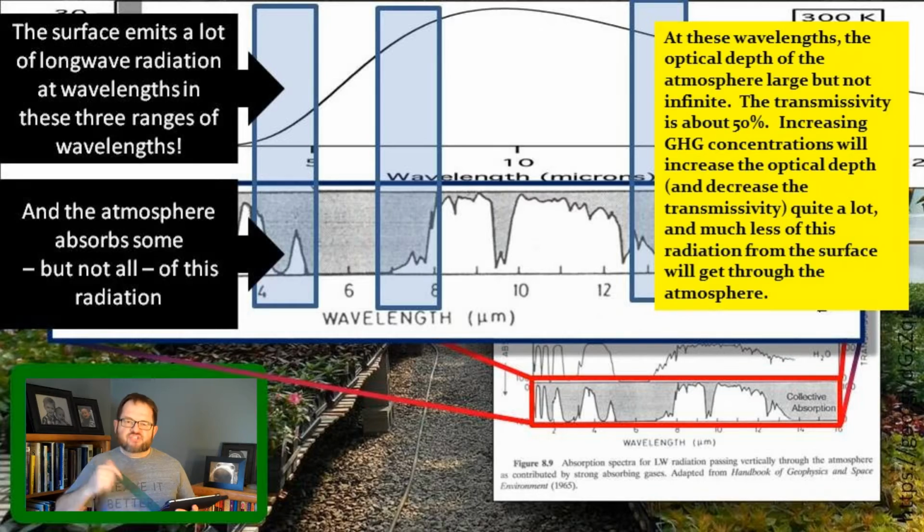Well, increasing the concentration of greenhouse gases in the Earth's atmosphere will then continue to increase the optical depth of those layers. Less and less of that radiation will get through. These are the bands we need to worry about. These are the parts of the electromagnetic spectrum where the Earth is emitting radiation, and our atmosphere currently absorbs some of it, and there's room to make it worse. If we keep increasing the amount of greenhouse gases, we will continue to make the optical depth greater and the transmission of that radiation less.